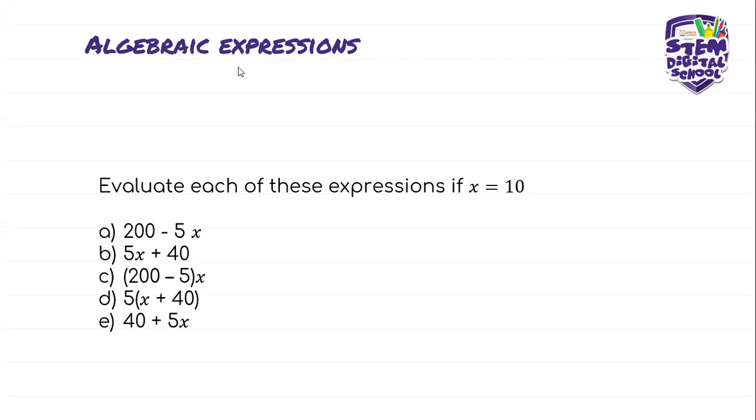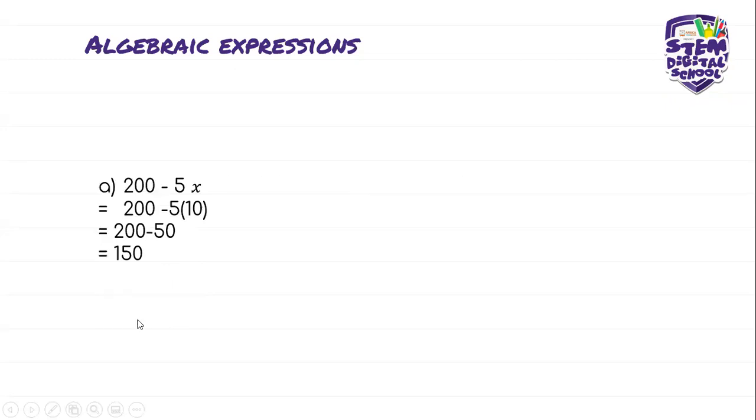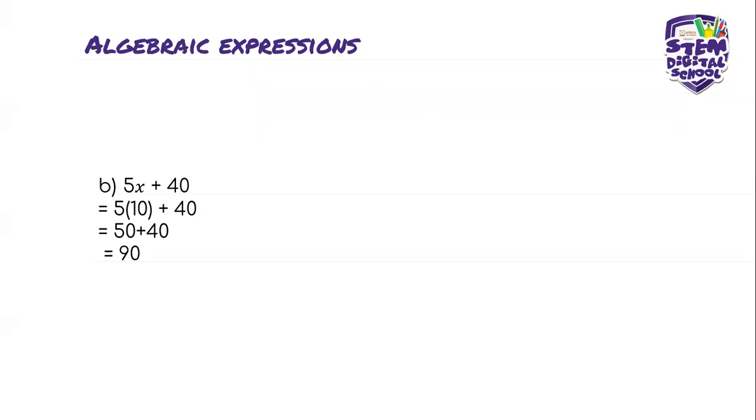Remember, what was the value of the first expression there of B? In B, we found that if you substitute 10 in the value of x, then you'll have 10 times 5, which is 50, and then 50 plus 40 is 90. So 90 was the final answer there.